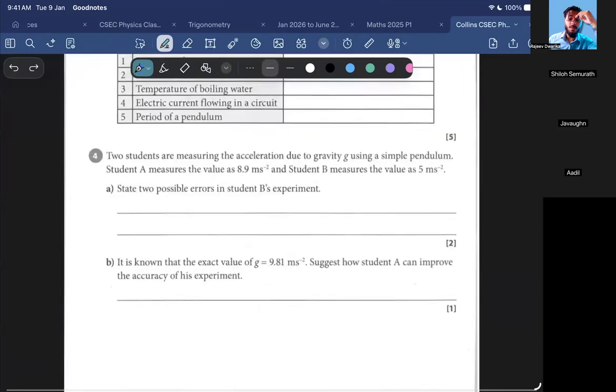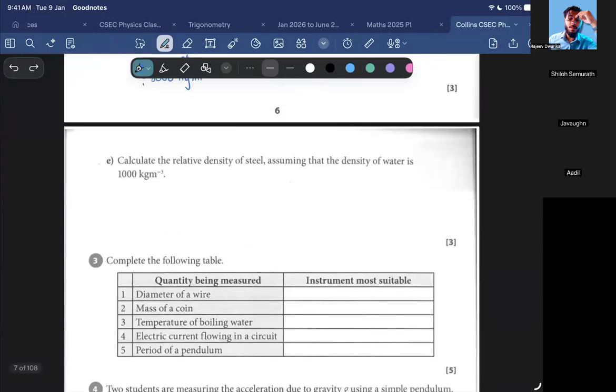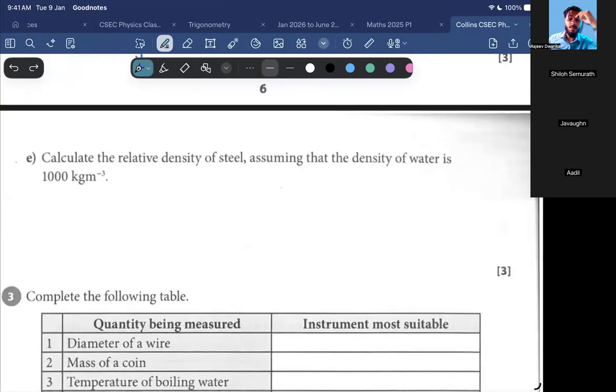So let me tackle these questions we have to do. Calculate the relative density of steel, assuming that the density of water is that. So, Shiloh, do you know about relative density? No, sir. When you hear the word relative, chances are you're doing what? Let me get an example.